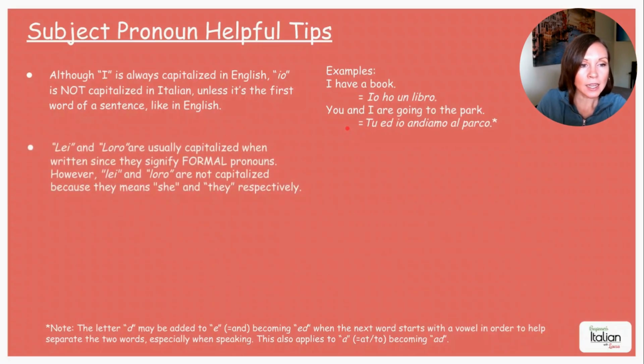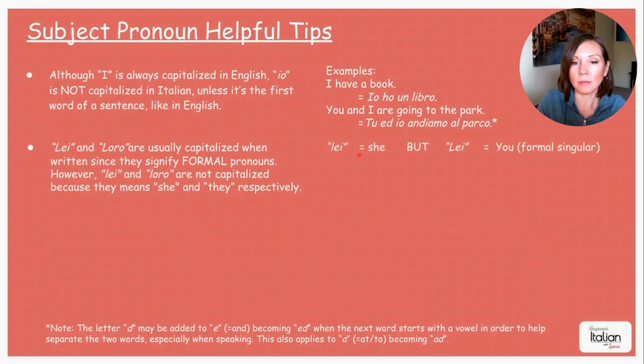All right. Lei and Loro are usually capitalized when written since they signify formal pronouns. However, lei and loro are not capitalized when they mean she and they respectively. Okay, so if it is not capitalized, lei means she and loro means they. Okay, if it is capitalized, it means that it's the formal tense.